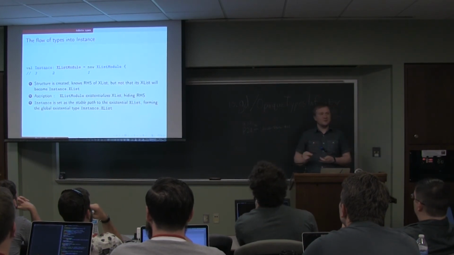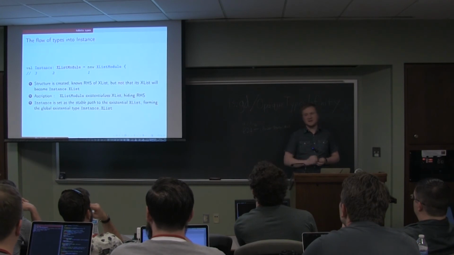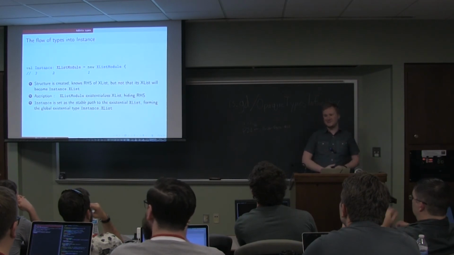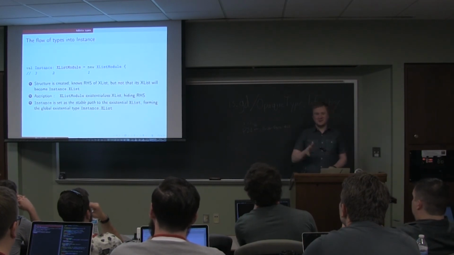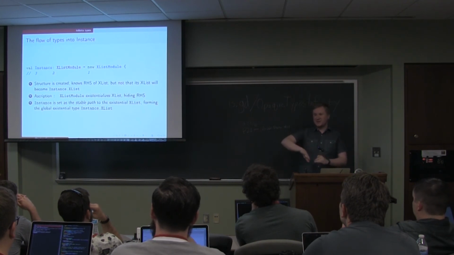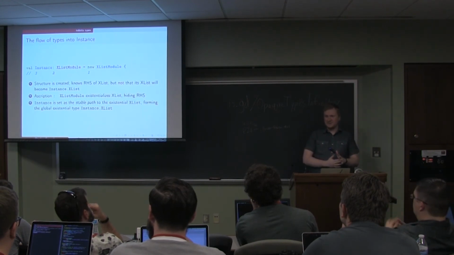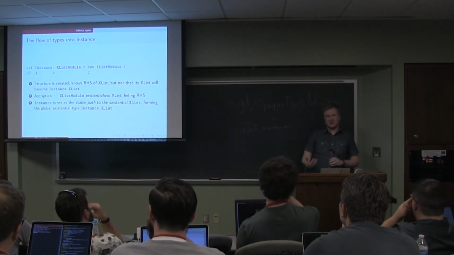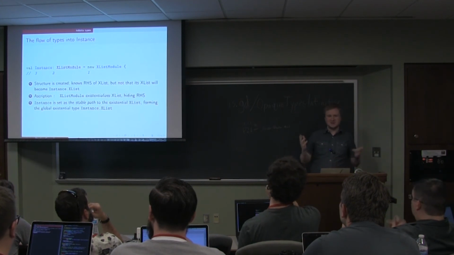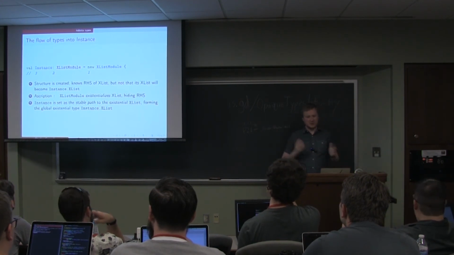And once we've done that, we can take our widened structure and finally assign it to the val, at which point the structure's xlist becomes instance.xlist. Now, if this happened earlier, then we would have an infinitely recursive type. But we threw away the information that would mess us up right before it would mess us up. And now everything comes together. Our structure's xlist becomes instance.xlist. All is well with the world.